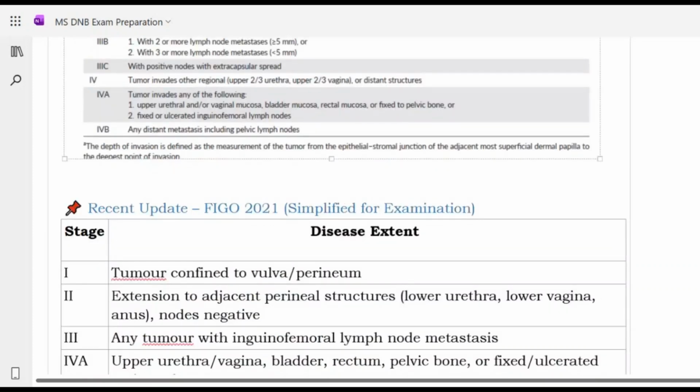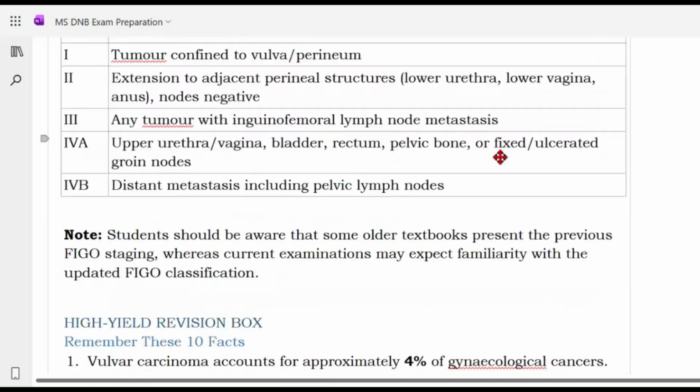It is not difficult. You just have to know the logic. So this is just a simplification. Okay, this is not the proper classification, just a simplification. So stage 1, tumor confined to the vulva or perineum. Stage 2, where there is an extension to the adjacent perineal structures such as lower urethra, lower vagina, anus, but nodes are negative. Okay.